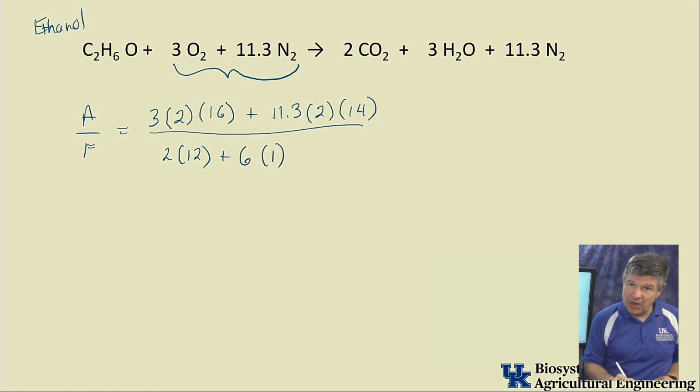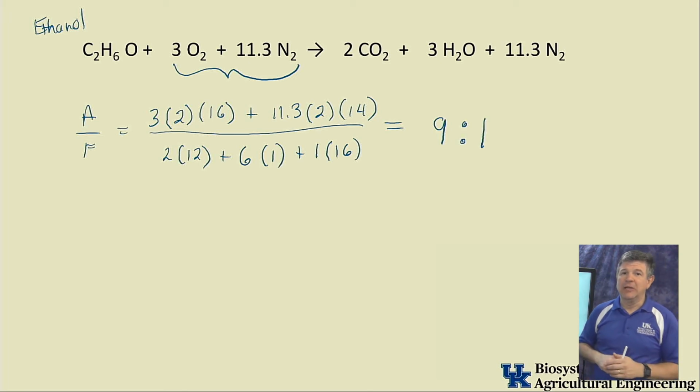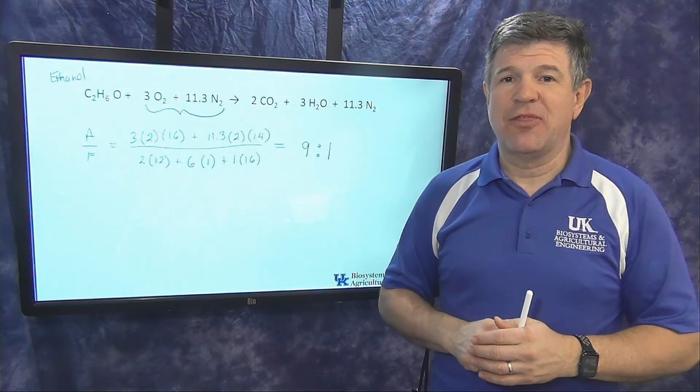But now I also have an oxygen in there, so I have to add to that 1 oxygen atom, which has an atomic weight of 16. And now, calculator, go through that, watch your order of operations, and we end up with a ratio of about 9. We usually report this as 9 to 1. So that's the air-fuel ratio for ethanol.